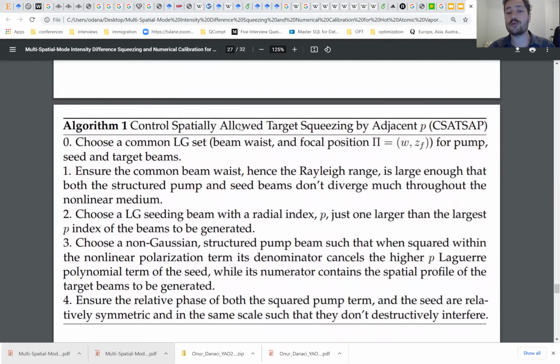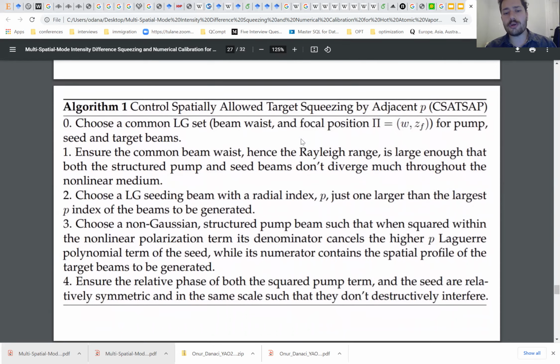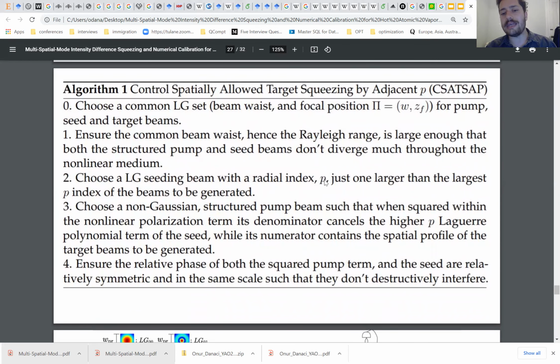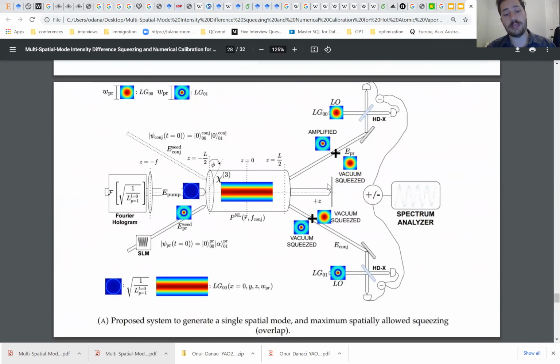I call it control of spatially allowed target squeezing by adjacent P. So the main idea is that we choose only one Laguerre-Gauss set for pump and seeding beams, and also we choose the nearest adjacent P mode for the seeding beam, and we structure our pump beam to cancel this effect. What do I mean?